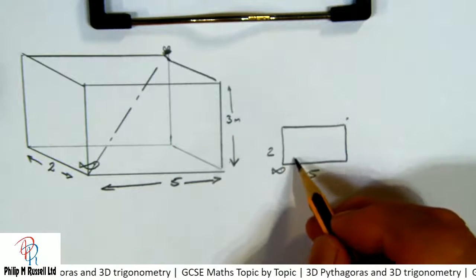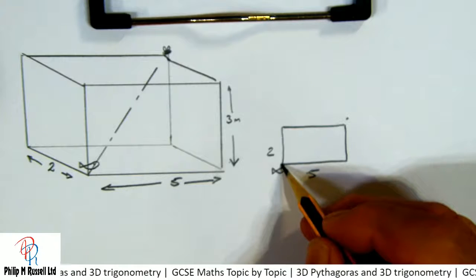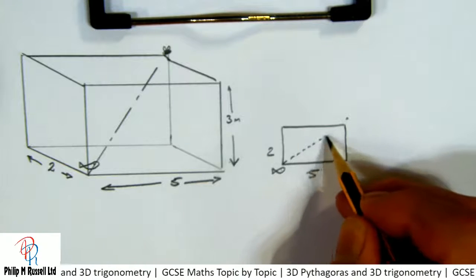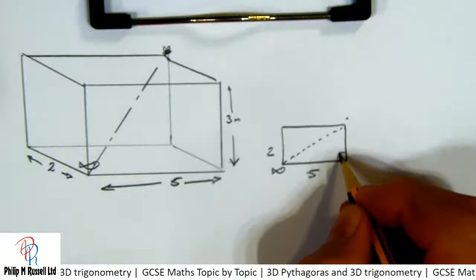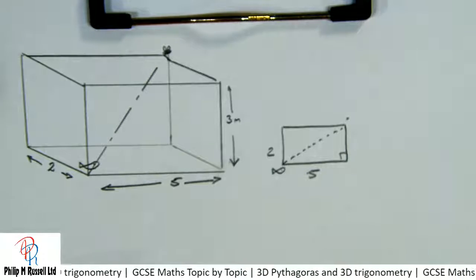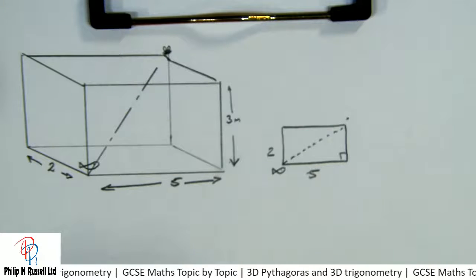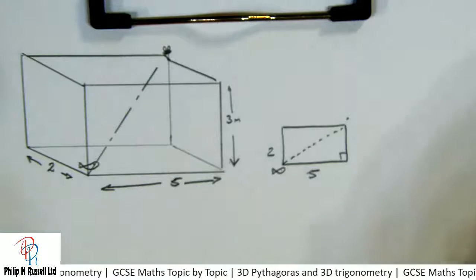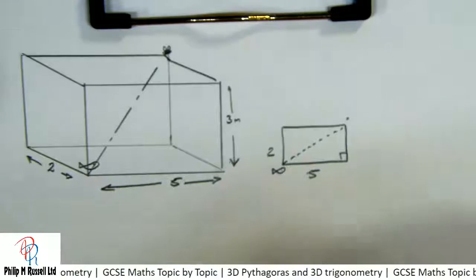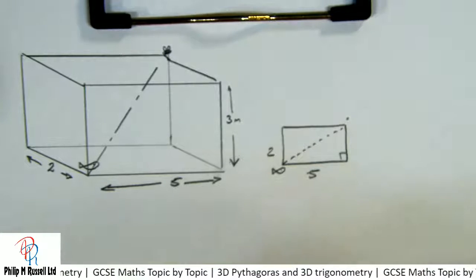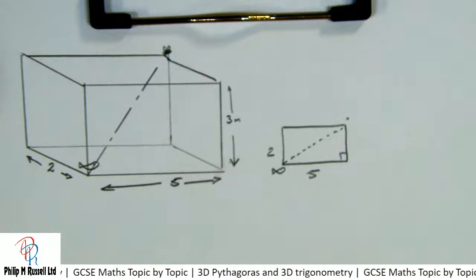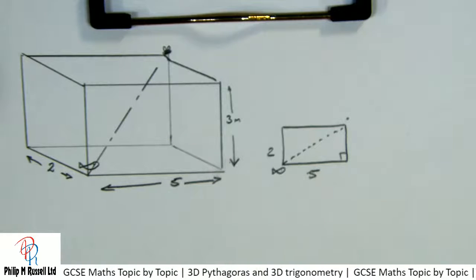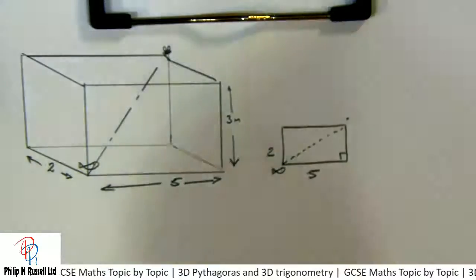But let's look at this distance across here. Can we calculate that? Yep, this is a right angle triangle and this is Pythagoras, so we should be able to work out everything we need to know to do this. So let's have a go at seeing if we can do this and get it working.